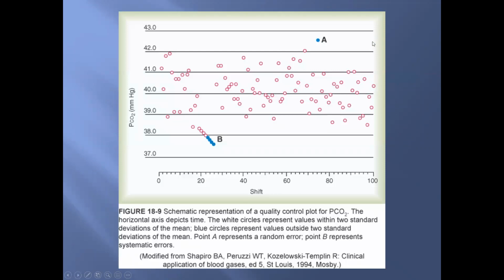And here's a sample graph. So this is showing controls run on the CO2. And every time the control is run, it looks like the computer's putting a little red circle. So everything looks fine as long as we're within 2 standard deviations.